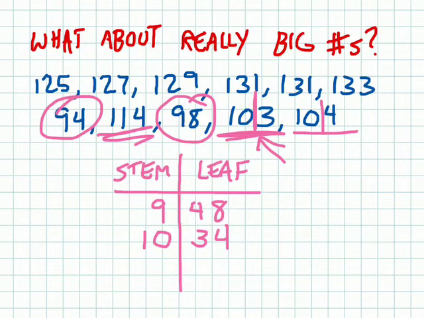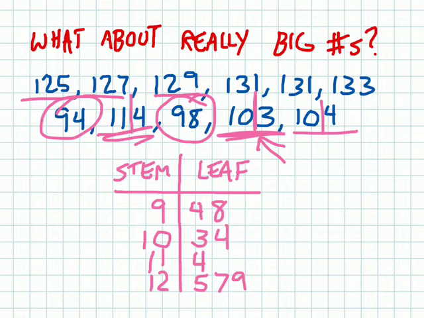Okay? Here's a 114. I'm going to break that in two pieces just like before. In this case, 11 in the stem, 4 in the leaf. And I can keep moving on and doing that. So this top row, I've got a few 120s, 125, 127, 129. I'm going to put these in with a 12 in the stem and a 5, 7, 9 in the leaf.